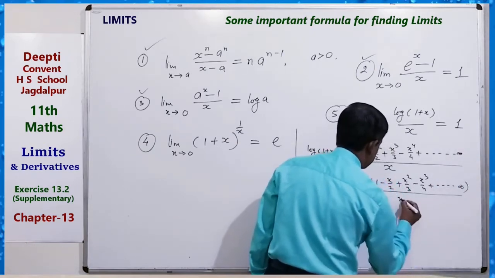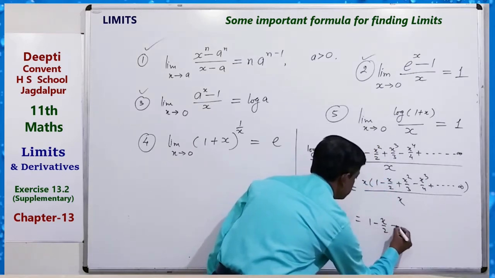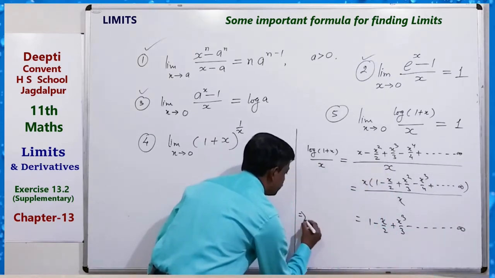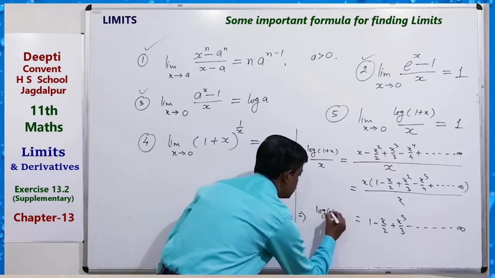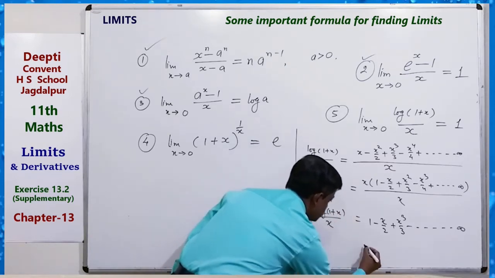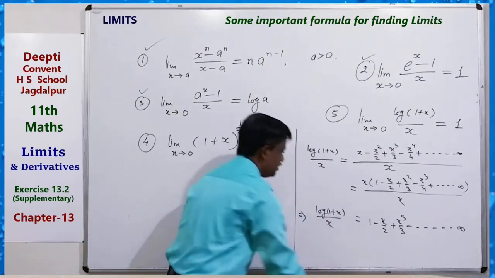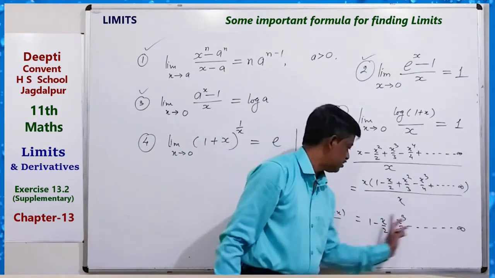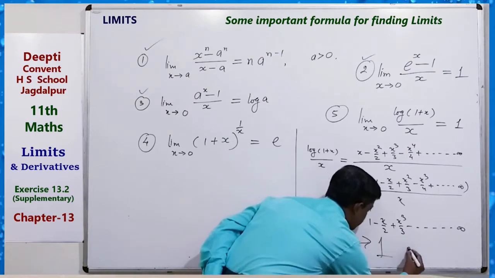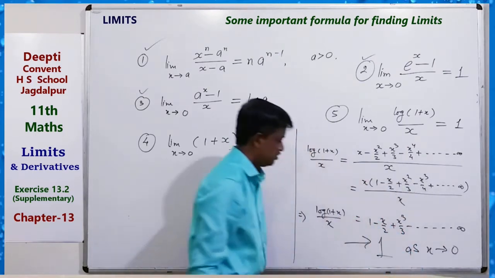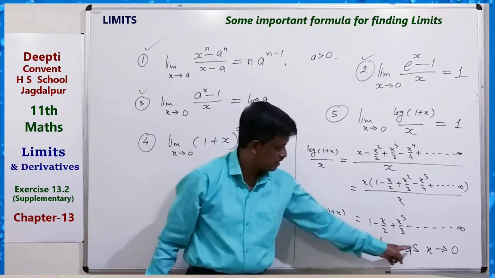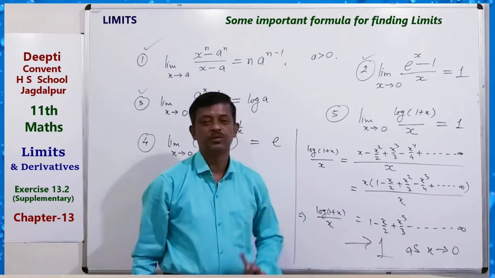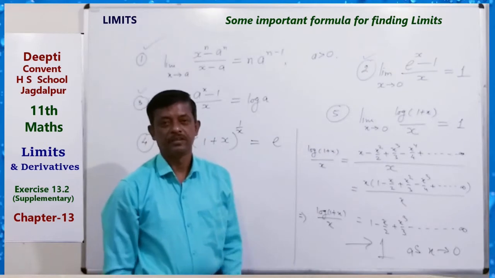Now if we apply the limit, all the terms with x will be 0, so this tends to 1 as x tends to 0. So the limit of log(1 plus x) by x is 1.